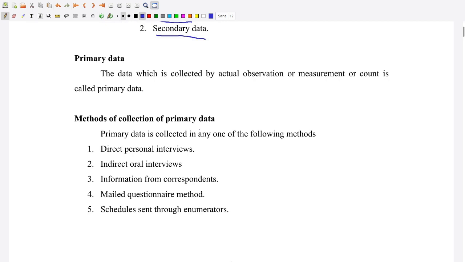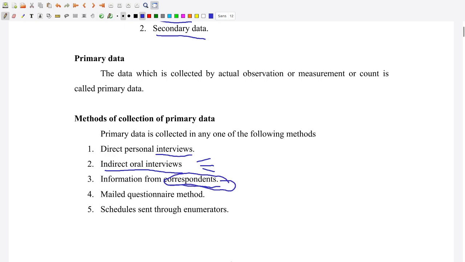Methods to collect primary data involve, you could directly take the interview of the person from whom you want the data, or you could conduct indirect interviews. That means you can ask a third person, okay, you go there and collect the data from him, you ask these questions from him or her. So that is how you have collected the data. Or you ask some other people, okay, what is this person eating for lunch?